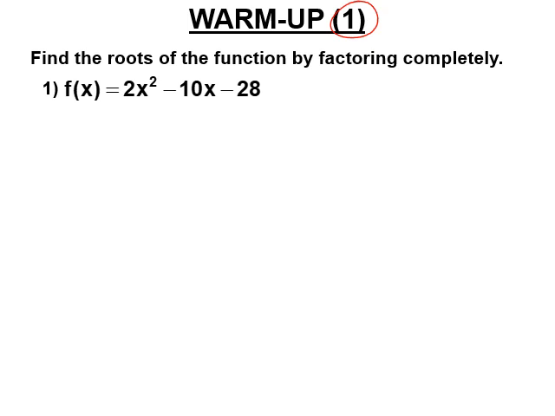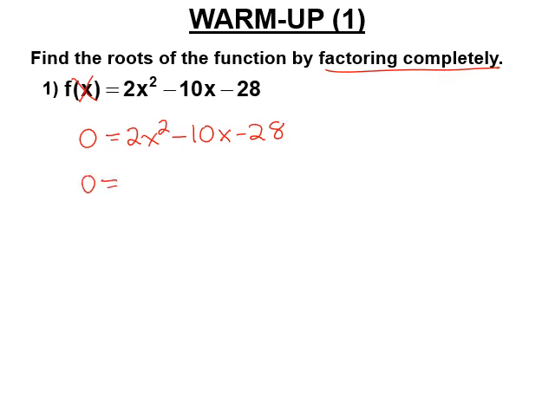All right, so this is what we did yesterday. You're going to find the roots of the function by factoring completely, although yesterday's were not functions, but you do them the same way. Yesterday's were equations that already equal 0, or you were forced to make them equal to 0. This says factoring completely, so that's a hint. There must be a common factor.